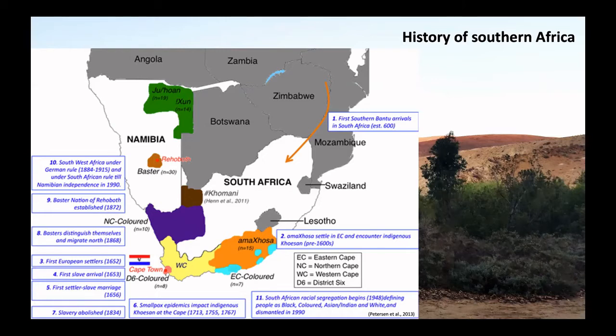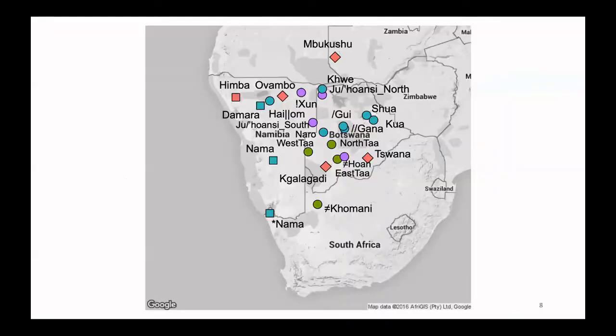And all of these events have shaped the genetic diversity that we see in Southern Africa today. Now this map is just a depiction of the variety of different populations, specifically Khoisan, in Southern Africa.